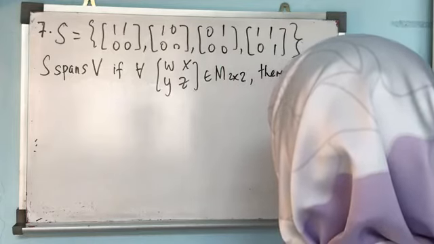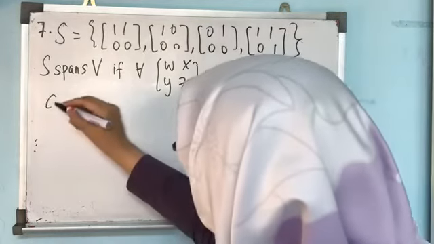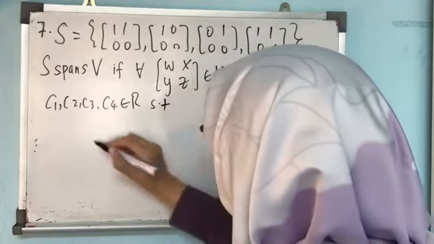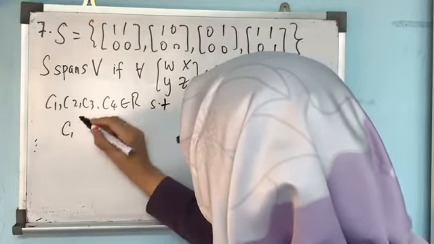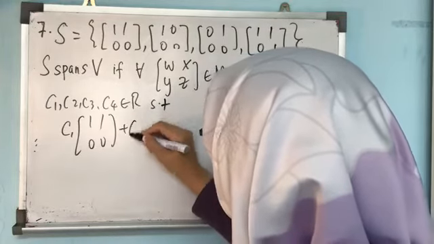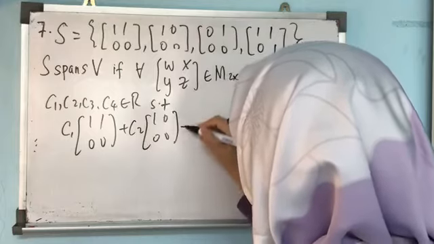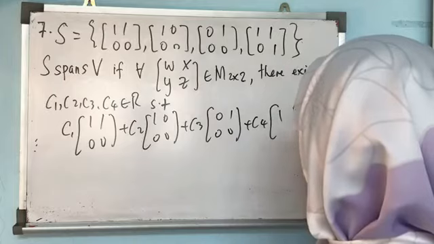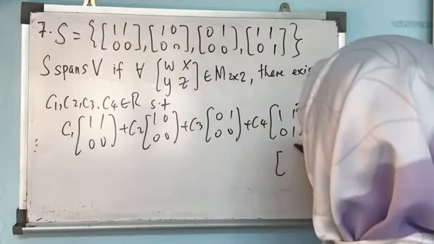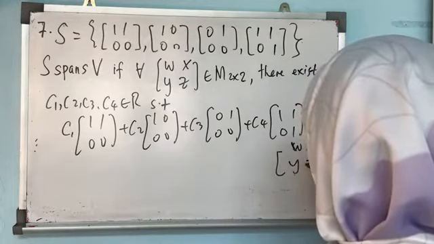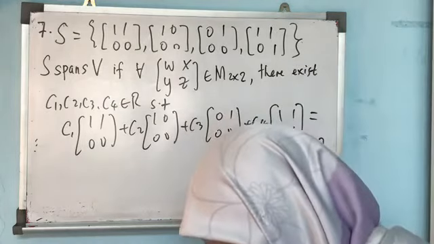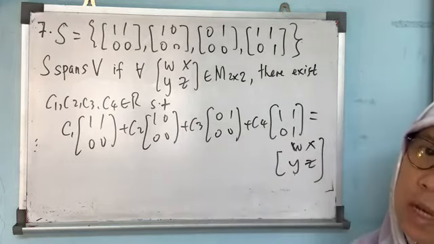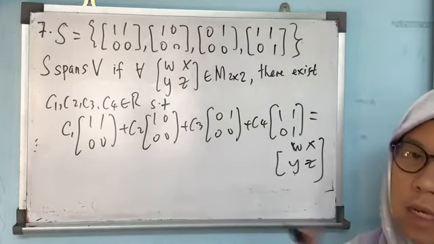there exist C1, C2, C3, C4 in R, such that C1 plus C2 plus C3 plus C4 equals W, X, Y, Z. Okay, this is very important, because this is how you will get your linear equation.